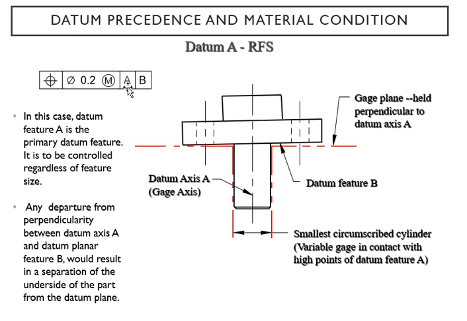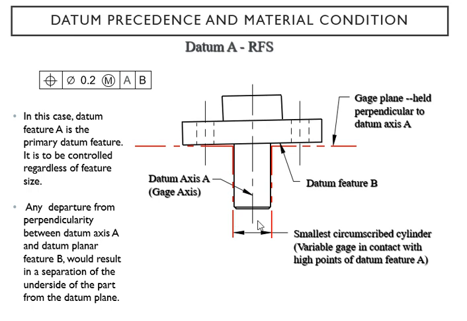And it is to be controlled regardless of your feature size. Of course, when you establish the datum, we're going to use a gauge, and since you're dealing with the axis, your gauge has to be something that can establish that center line, which is your center axis.